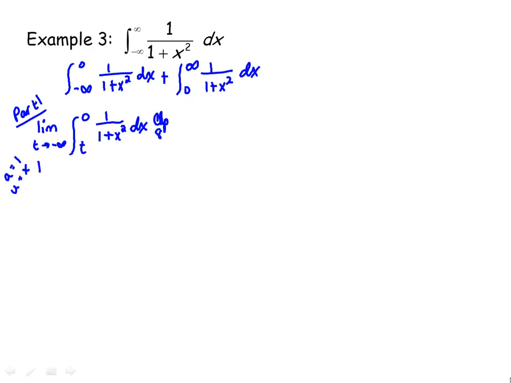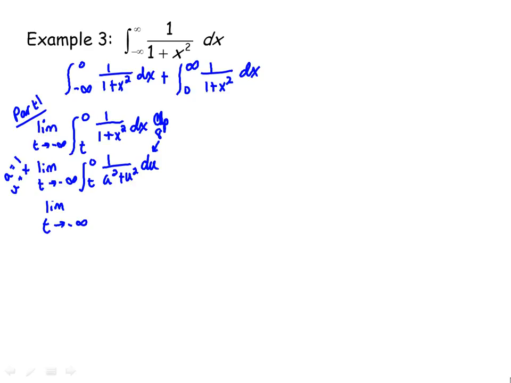So what we're going to do is the limit as t approaches negative infinity. And I'm going to go ahead and write this. And that's from chapter 8. Now, we have the limit as t approaches negative infinity, and we're actually going to do the integral here. So when we do the integral, you're going to have 1 over a, which is just going to be 1, which is a coefficient.